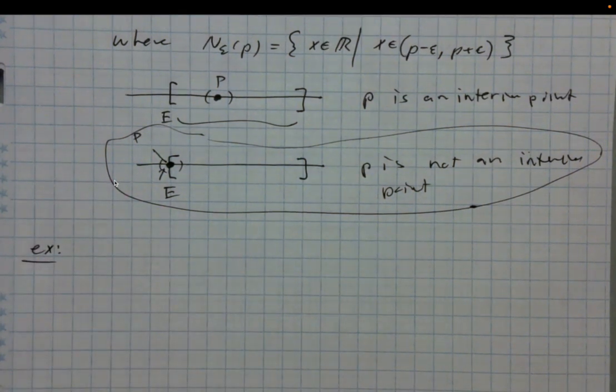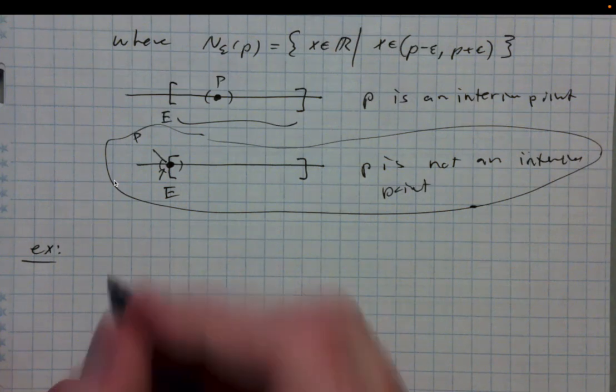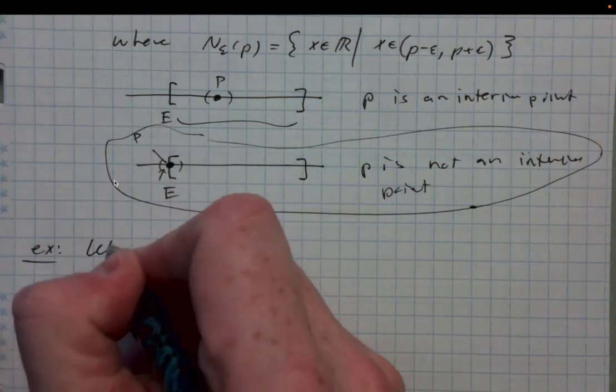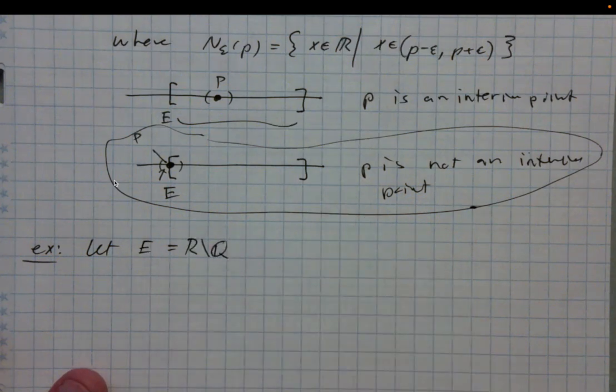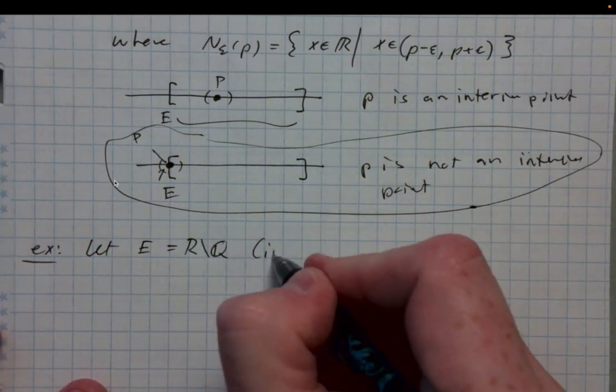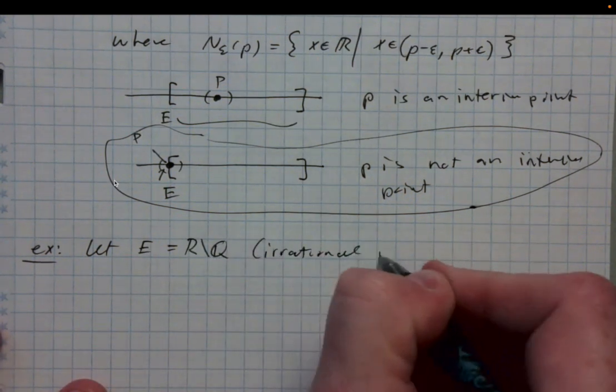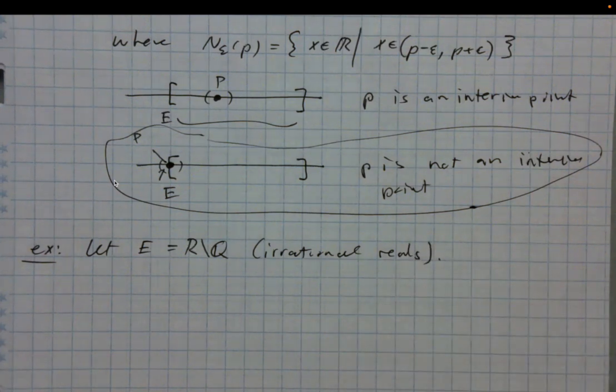Consider the set of irrational real numbers. So let's let E equal the set of reals where we've removed the rationals. So this is the irrational reals. Now, previously we saw that the rational numbers were dense in the real numbers.